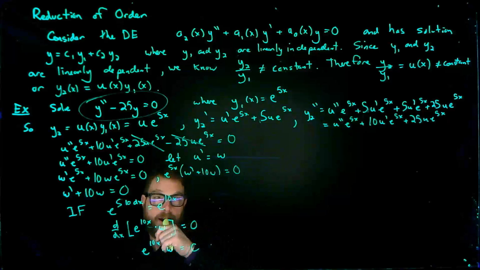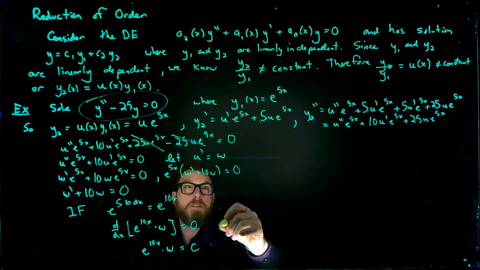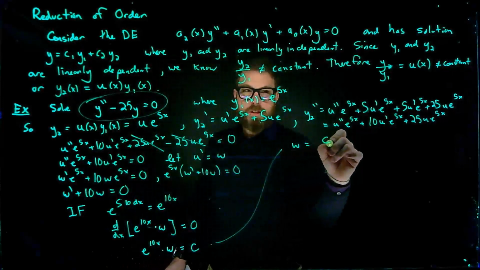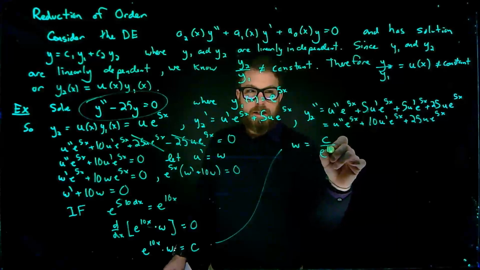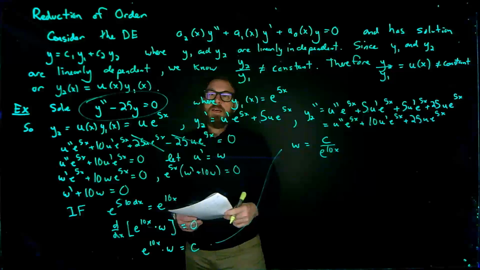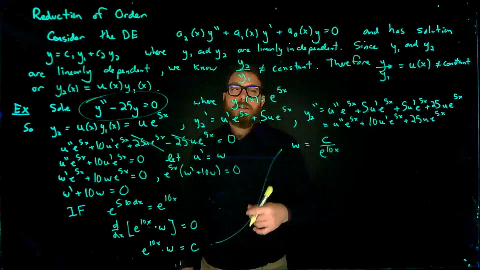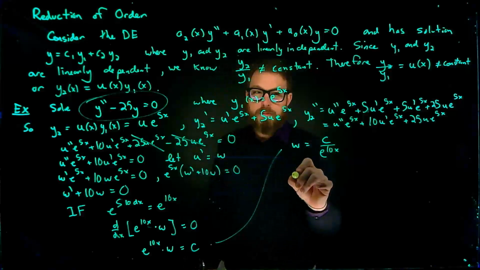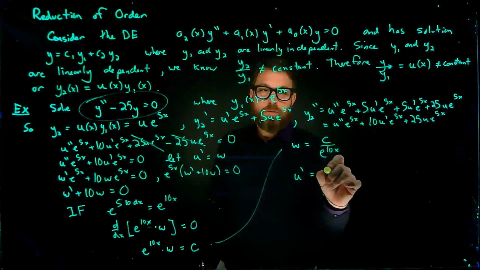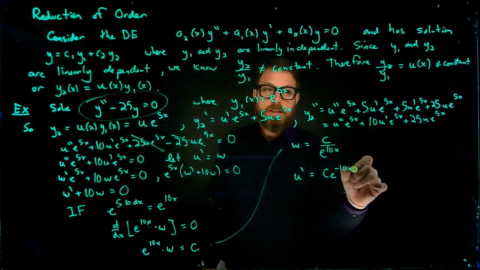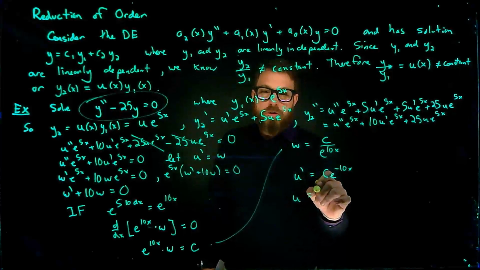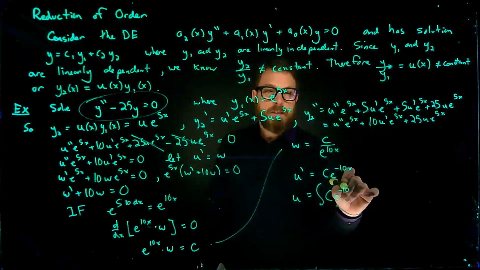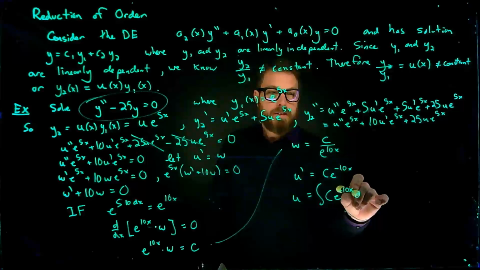Which means w is going to be equal to c divided by e to the 10x. Now, remember what w was: w was u prime, so u prime is equal to c e to the minus 10x, so that means u is going to be equal to the integral of c e to the minus 10x dx.